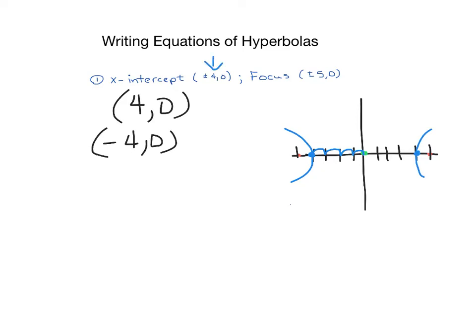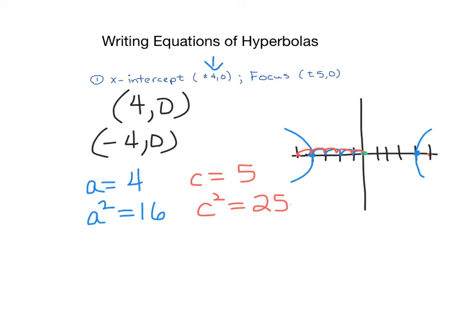I can also look right here at the ordered pair. So my a value is 4, so a squared is 16. The length between the focus and the center is going to be 5, because there's 5 spaces between the focus and the center. And that is your c value. And then we'll square it.